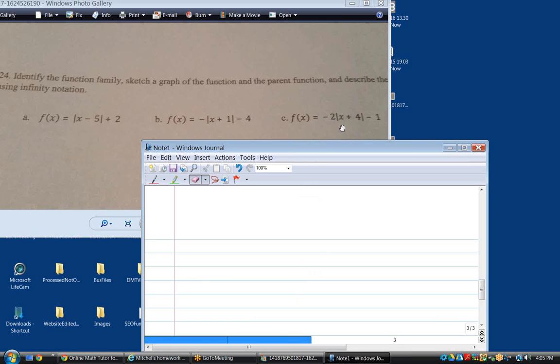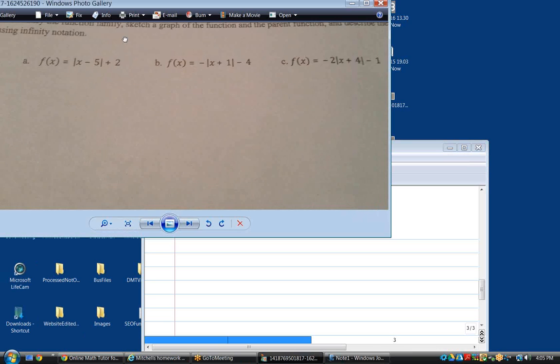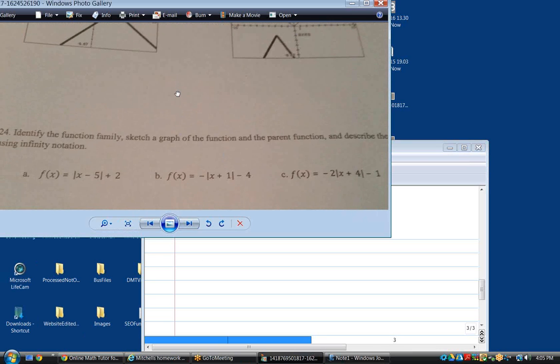It's a vertical stretch by 2, and then it's flipped over. Okay. And then move left 4, and then down 1. Okay. Is that the only thing on this page that we had?